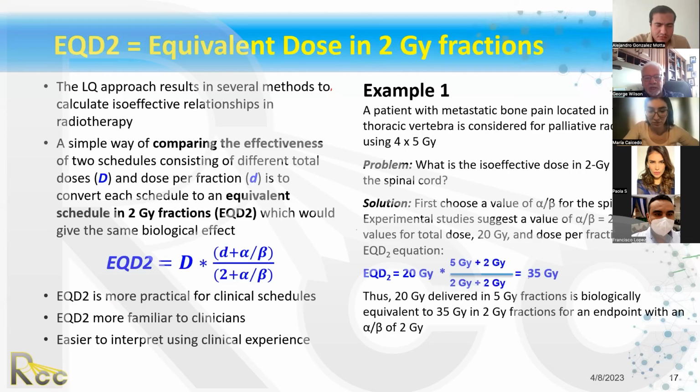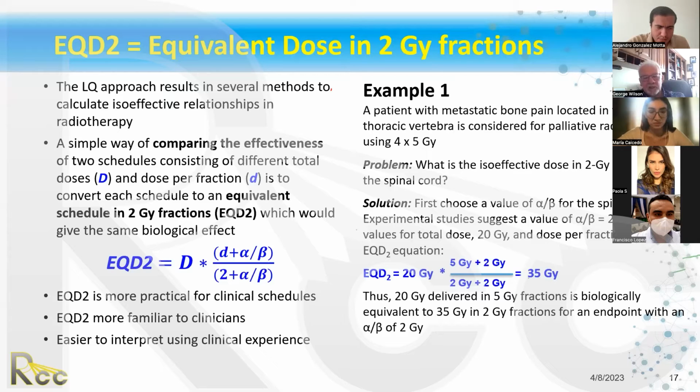The reason that we do that is that literally all of the tolerance data to normal tissues was developed back in the 70s and 80s when the standard dose per fraction was 2 gray. And so we have a lot of clinical knowledge about the response of different normal tissues and also partial volume responses at 2 gray per fraction.